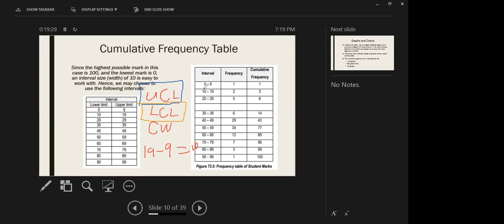One might ask, why are we calculating the class width in the first place? When we go to unit 2, where you are talking about the measure of dispersion, there are formulas that you're going to use where you are calculating the mode and median of grouped data. You need the class width.